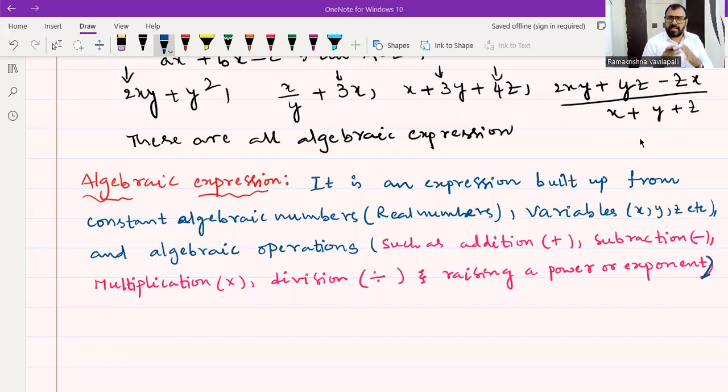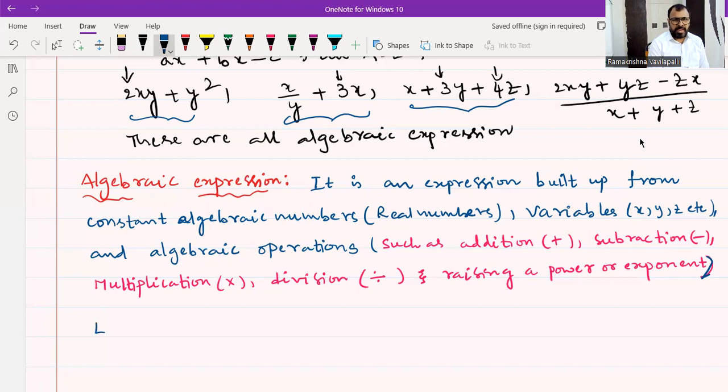Raising a power means 2 square, 3 cube, 3 to the power of 1 by 2, 8 to the power of 1 by 3, etc. So among these constants and variables, if we apply these operations, we get an expression, and that expression is known as an algebraic expression. x plus 3y plus 4z is an algebraic expression, right?